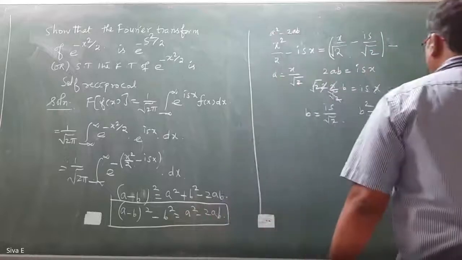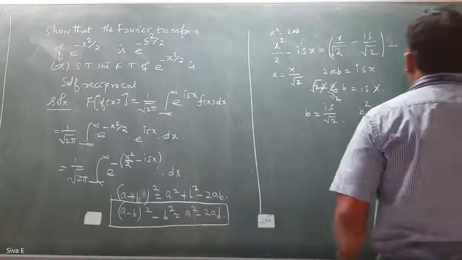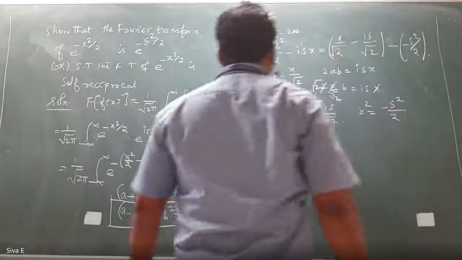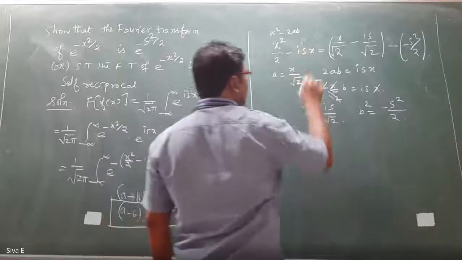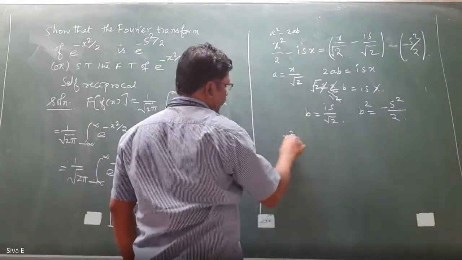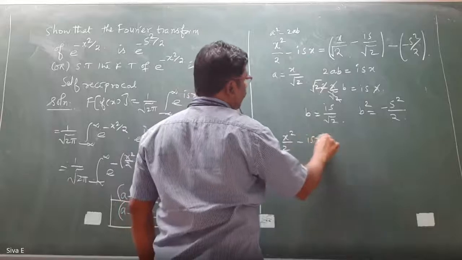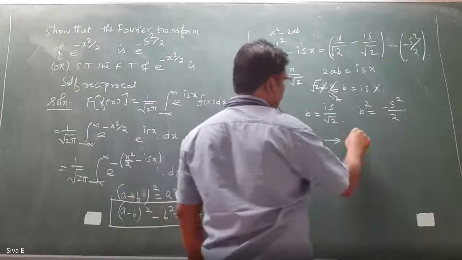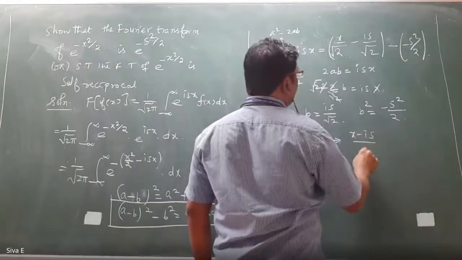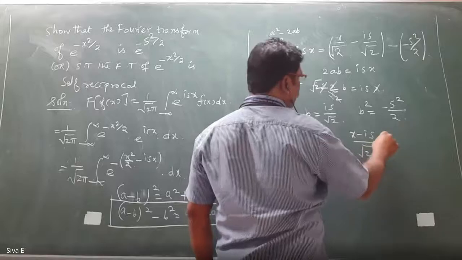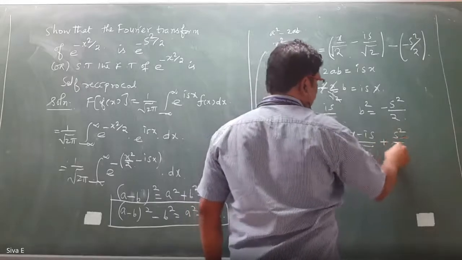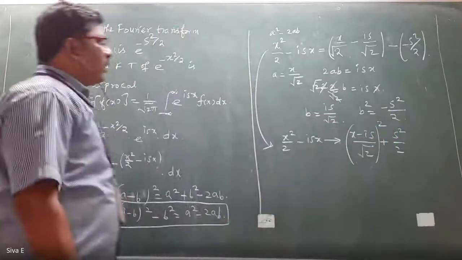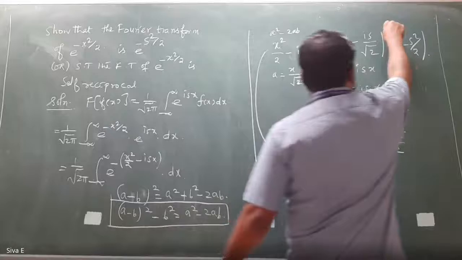What is b square here? b square is minus s square by 2. Therefore, x square by 2 minus isx is x minus is by root 2 whole square plus s square by 2.